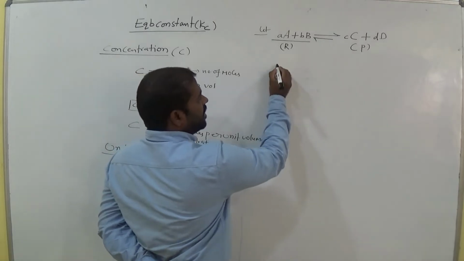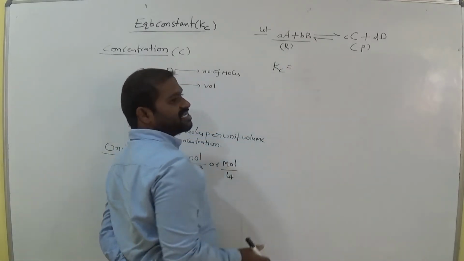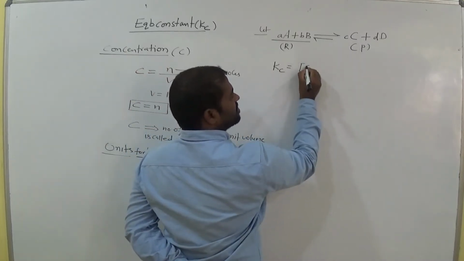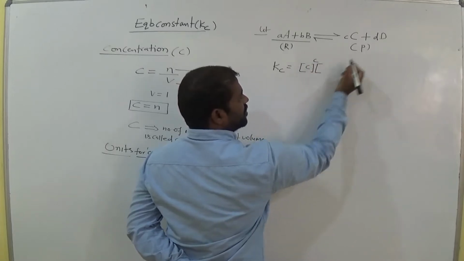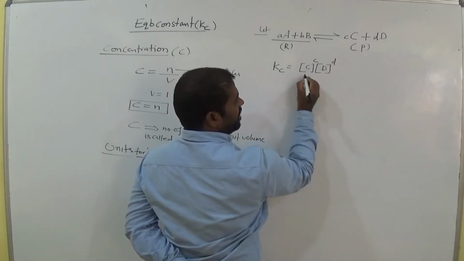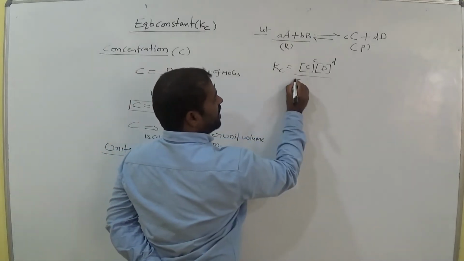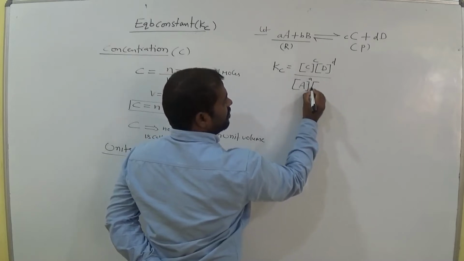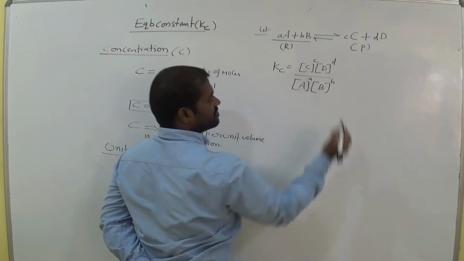Now the equilibrium constant Kc for the above reaction is the molar concentration of C to the power c, multiplied by the molar concentration of D to the power d, divided by the molar concentration of reactant A to the power a, multiplied by the molar concentration of B to the power b.